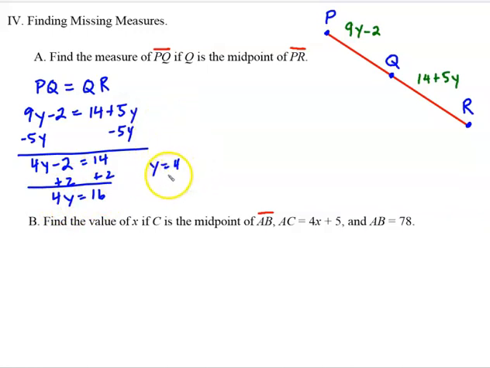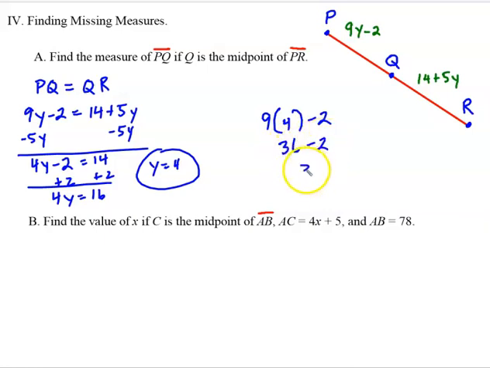So we know that the value of y is 4, and now that'll help us answer the question, what is the measurement of PQ? PQ is given as 9y minus 2. So 36 minus 2 is 34. So PQ, let's finalize this, is equal to 34.